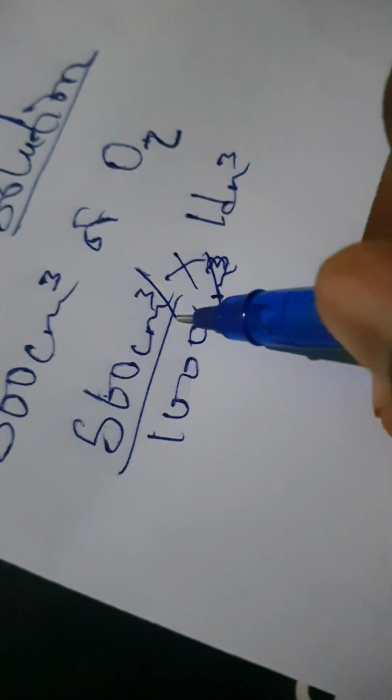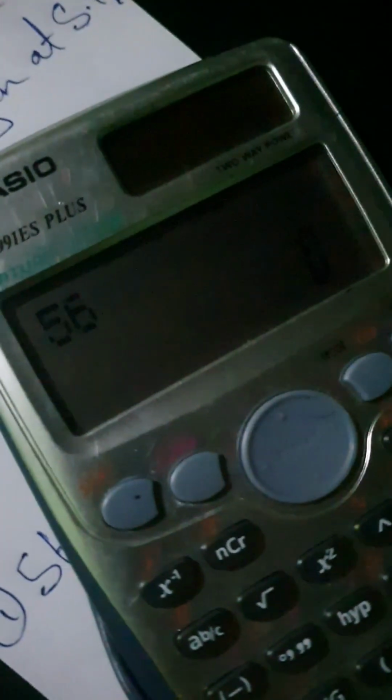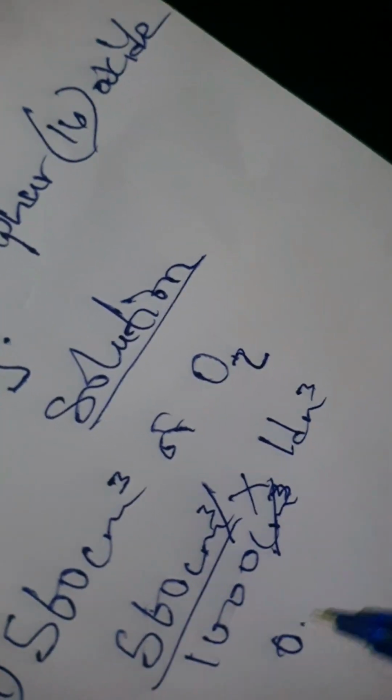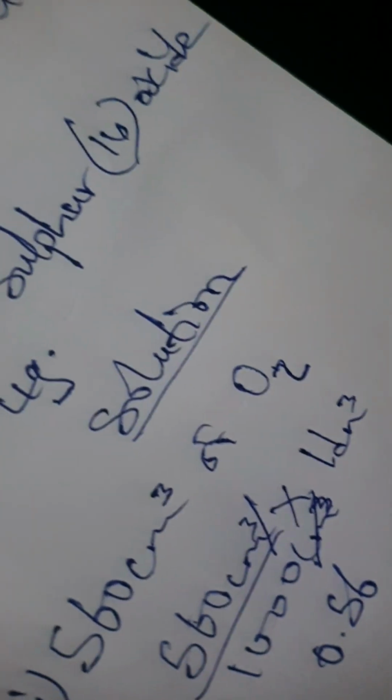The cm cube cancel, so 560 divided by 1000 gives 0.56 dm cube.